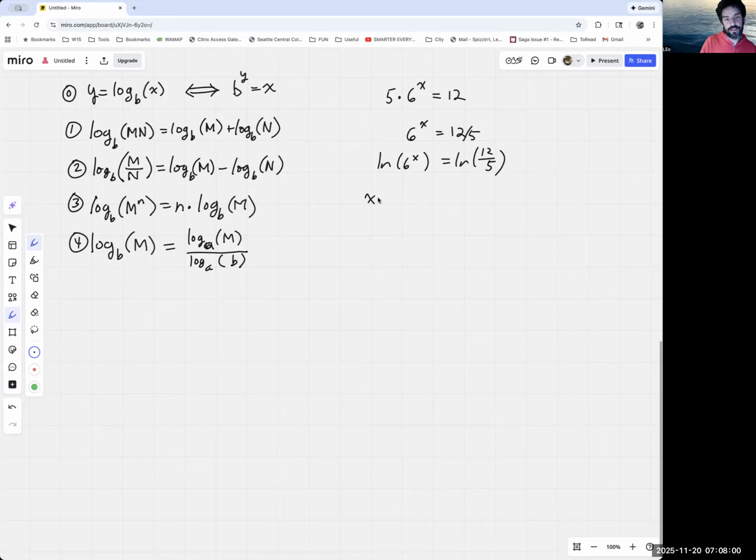Then take x down with our property 3. And then divide: x equals natural log of 12 over 5 divided by the natural log of 6. Right? So there's certainly other ways to do this one, but that's the way that I find most pleasing for me. Okay, let's keep going.